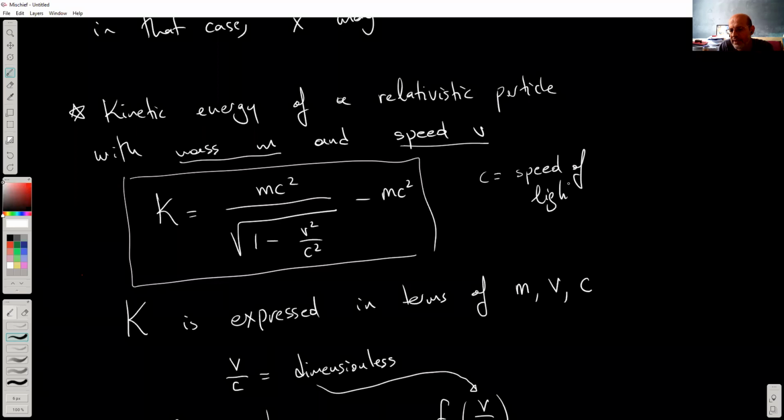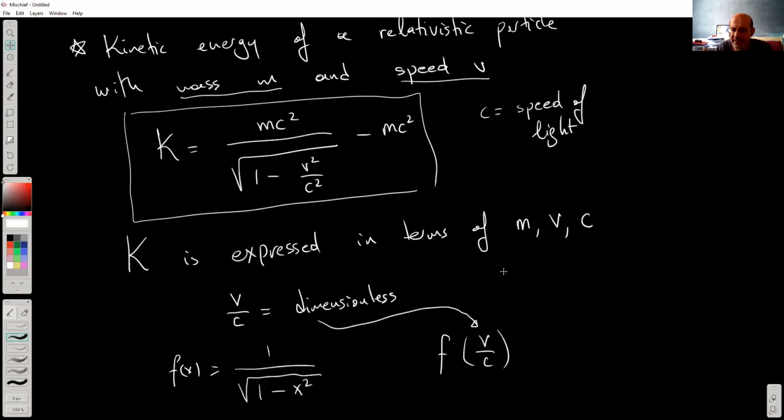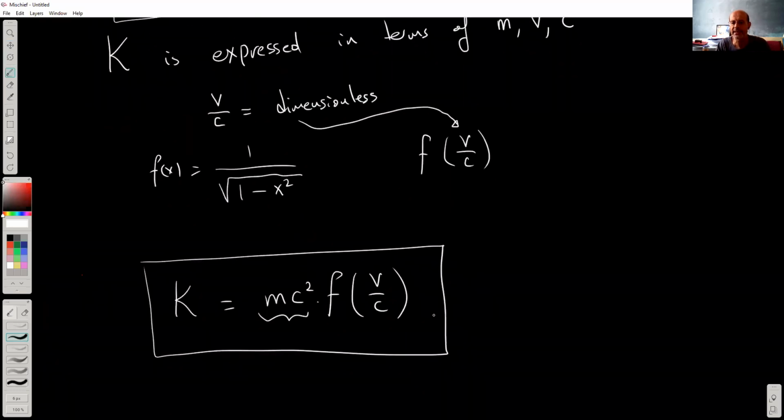So the speed divided by the speed of light is the ratio of two speeds, so that's dimensionless. According to some other part of relativity theory, that ratio should always be smaller than 1, for example. I can compare it with 1.